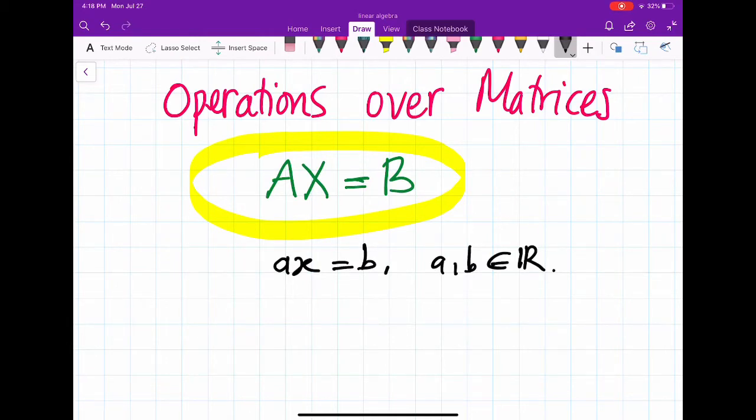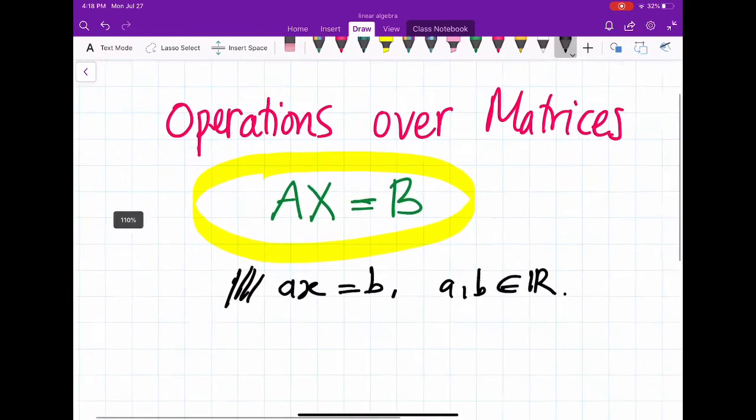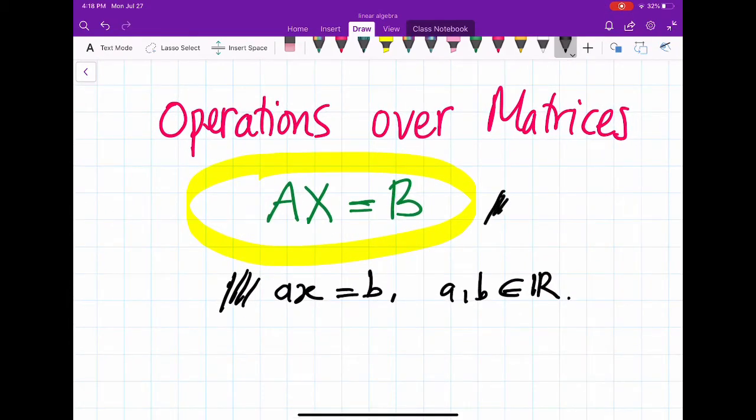And for those three cases, the solution set of this equation may be different, right? And we also know a general system of linear equation may have no solution, infinitely many solutions, or just a unique solution.